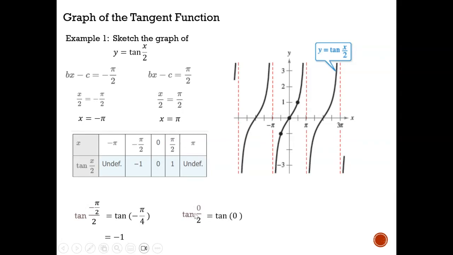At 0, tangent of 0 over 2 is tangent of 0, which is just 0. So at 0, we got 0. Then at pi over 2, we get pi over 4, and the tangent of pi over 4 is 1. So at pi over 2, it gives us 1. That's why we know the graph goes in this motion.